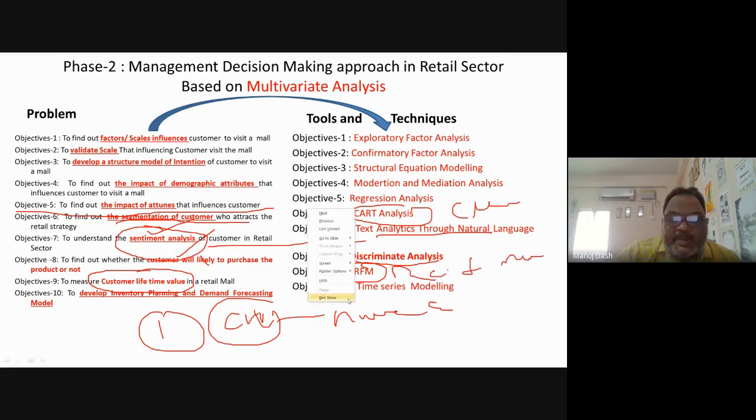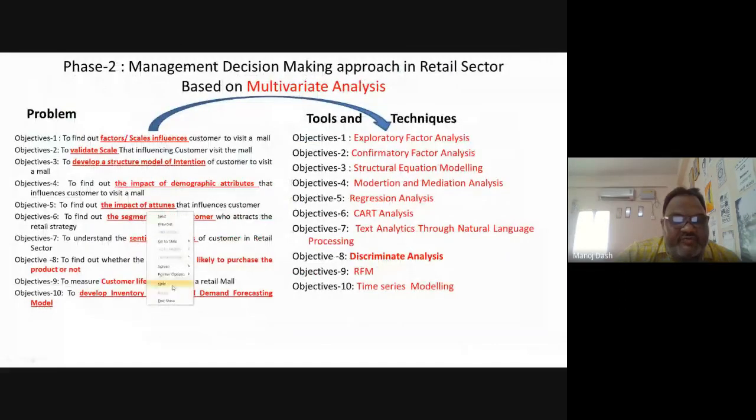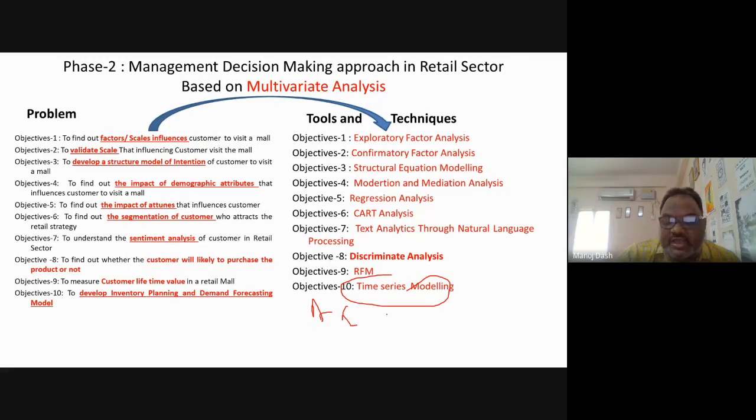Then once I apply all the things, I want to know the inventory planning and demand forecasting. Then I apply time series modeling, that is through ARCH, GARCH, EGARCH, and Granger causality. Then I can apply panel regressions. So there are different tools and techniques.